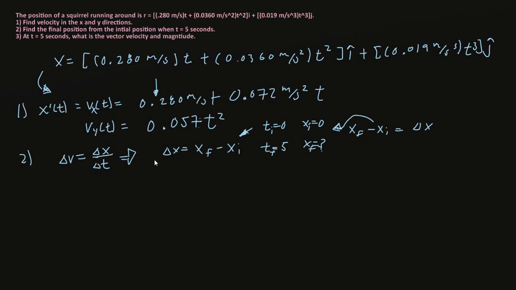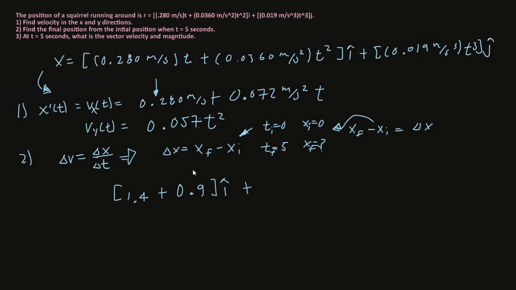All we have to do is plug in 5 back into the original given function, which is the position function. So 5 times 1.4 plus 5 squared times 0.036, it'll be 0.9, and this will give me the i hat.